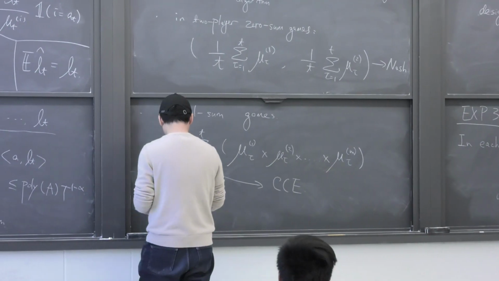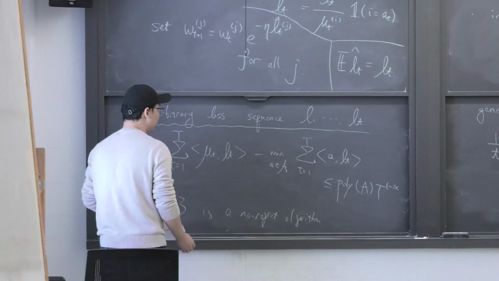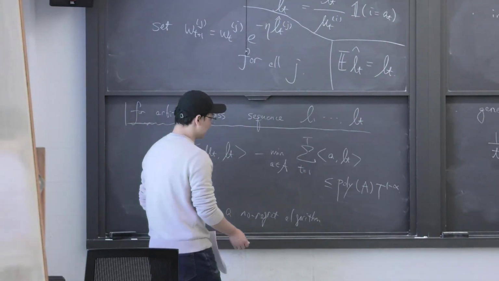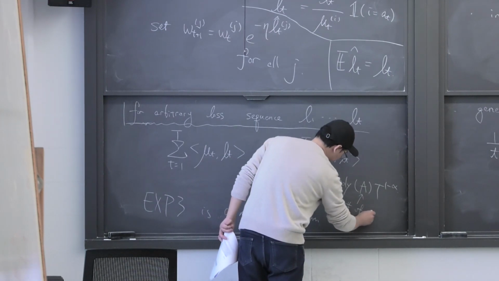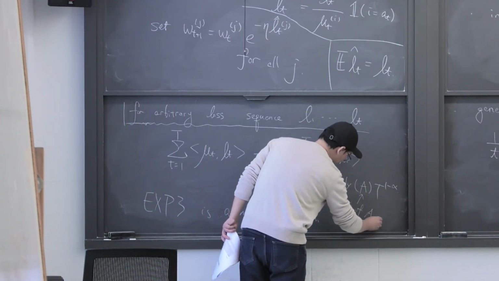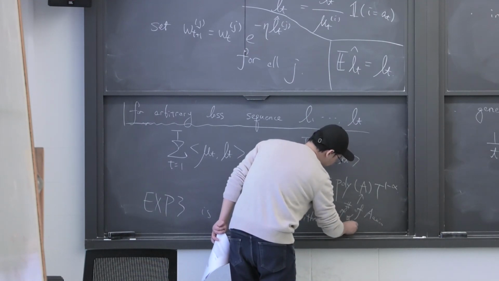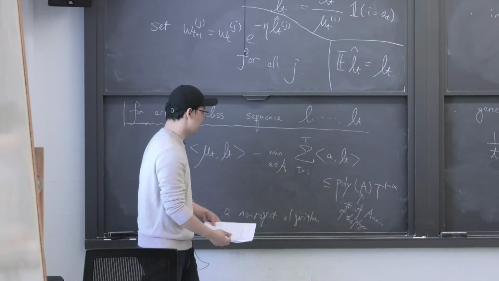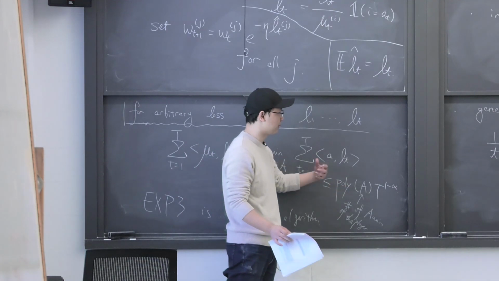And the most important thing, because each player is just running a no regret algorithm, is that this A is the number of actions of the player itself. Because it treats all other players within the loss, this A is no longer the joint action, it's just the action of the player by itself.